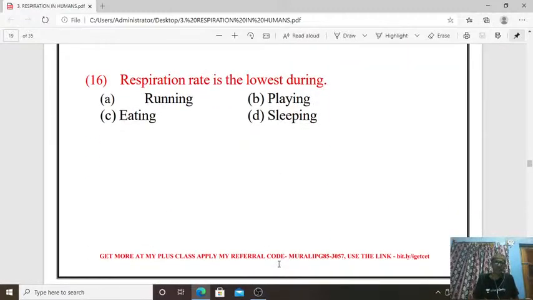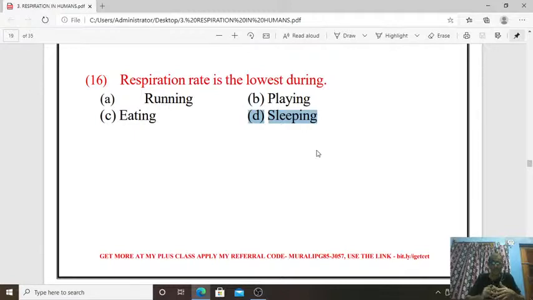Respiration rate is the lowest during which condition? Running, playing, eating, sleeping. Very simple, it is sleeping, because during sleeping major voluntary actions are not happening, so there is no need of energy. If the energy is not needed, then the oxygen is also not needed at a high level.